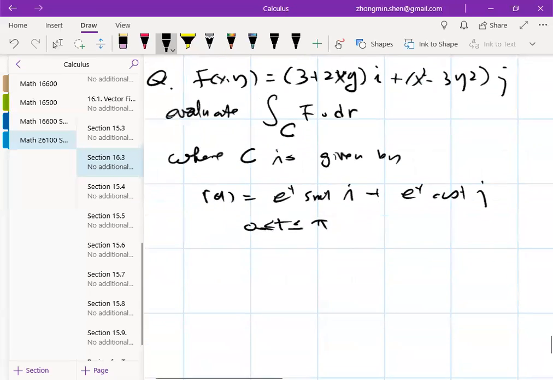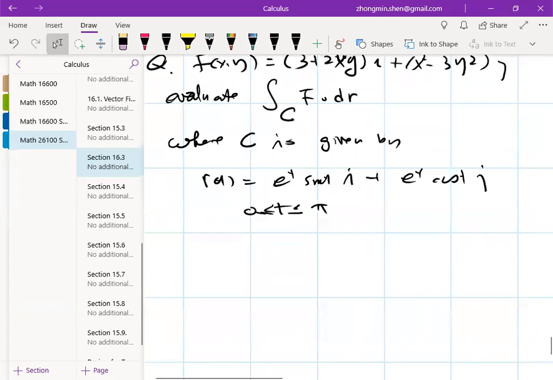All right, so we have this curve. You can draw the graph, right? When t equals 0, x is 0, y is going to be 1. So when t increases, it's clockwise.